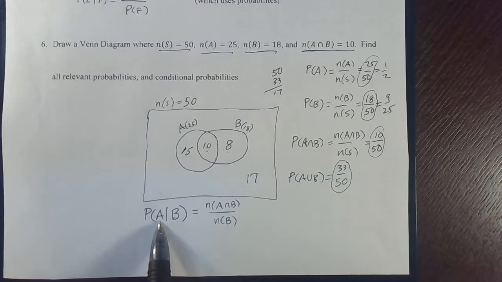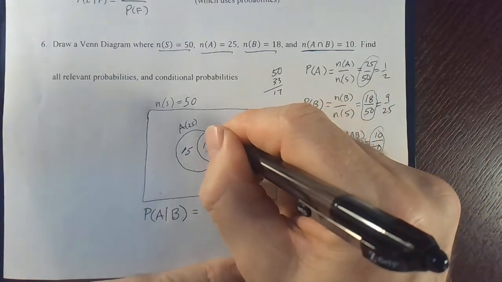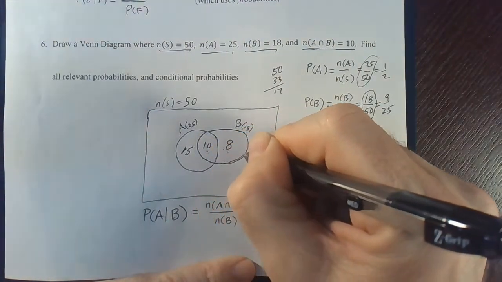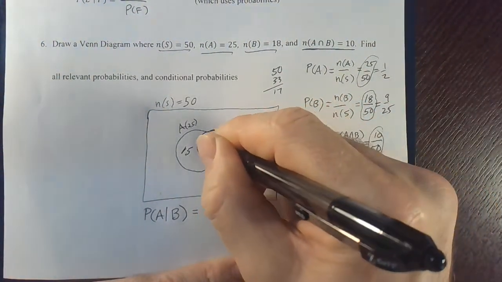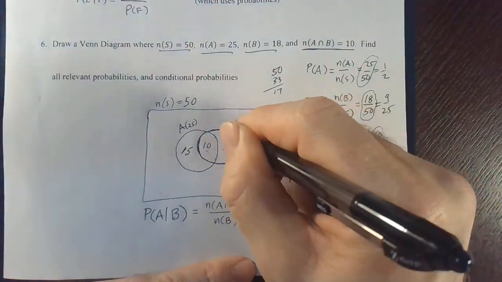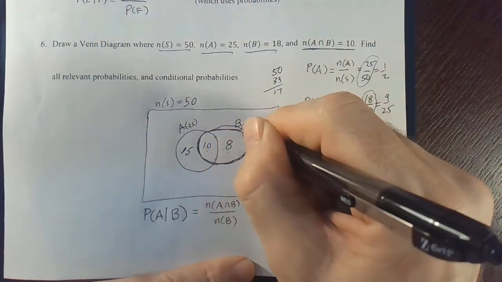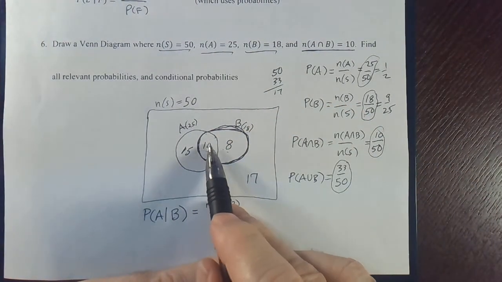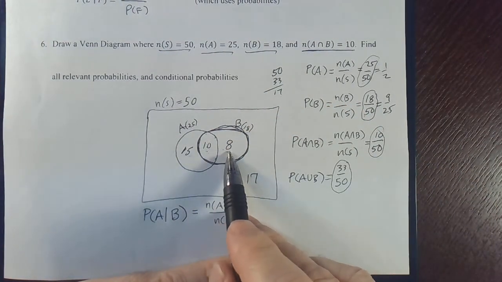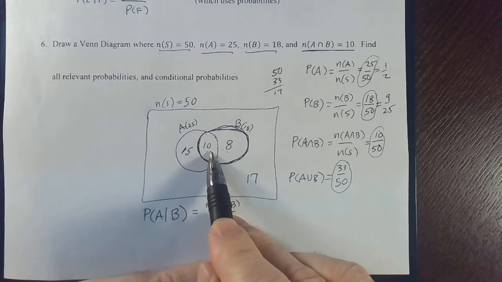What's the probability of A given B occurred? If B occurred, then we're in this circle right here. That's kind of our whole universe right now. And how many possibilities are there in this circle? 18. And how many of them are in the circle A? Well, not this 8, but these 10 are.